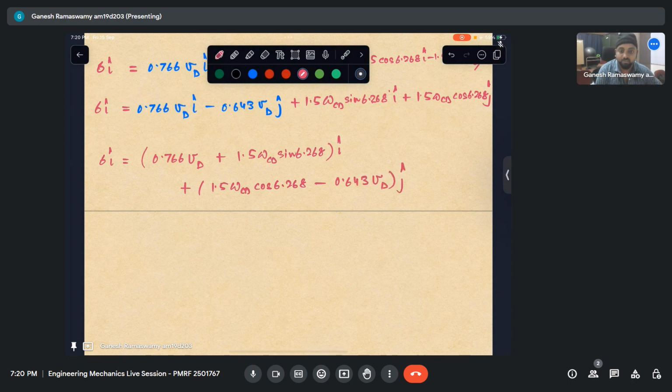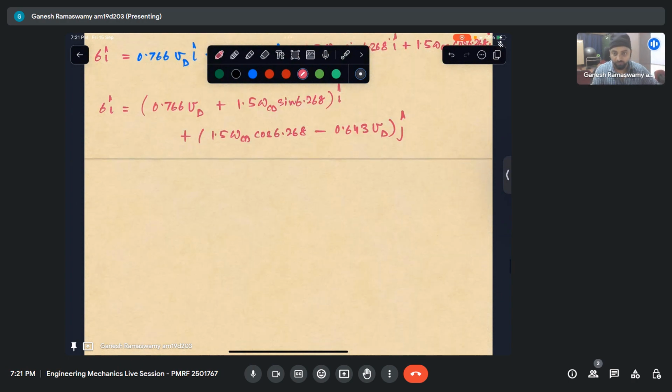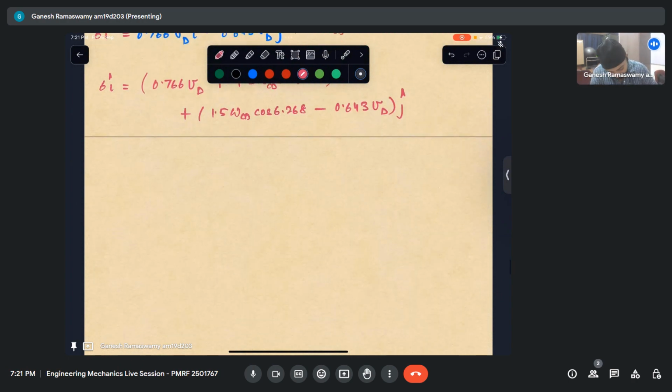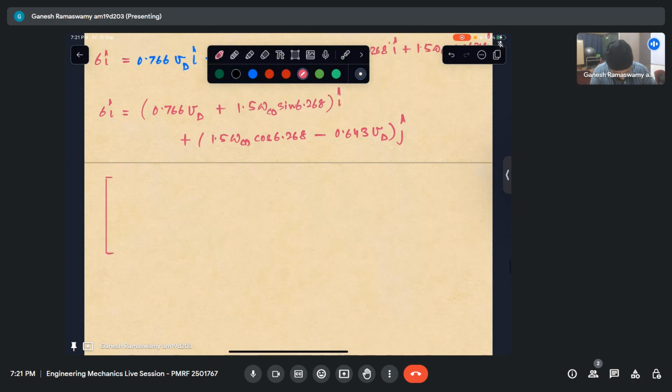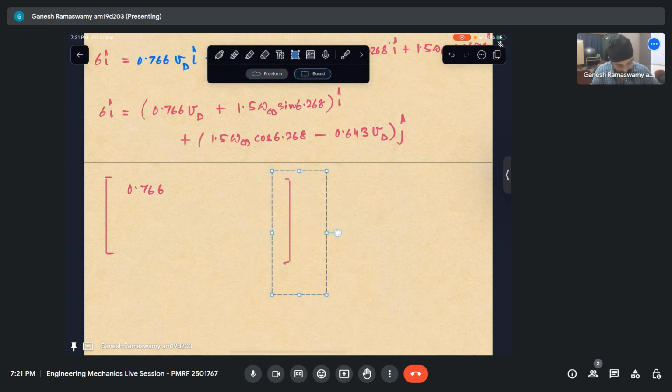So this will give me two equations and two unknowns. So I can write this in matrix form. Again, it will be 0.766 into Vd, and this is omega Cd.